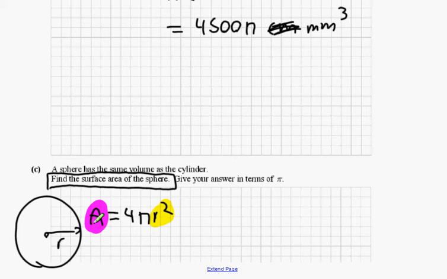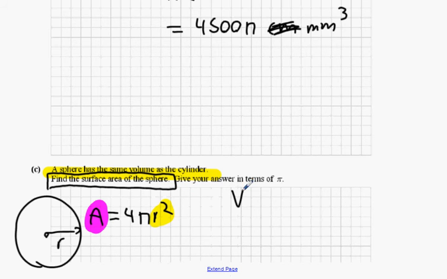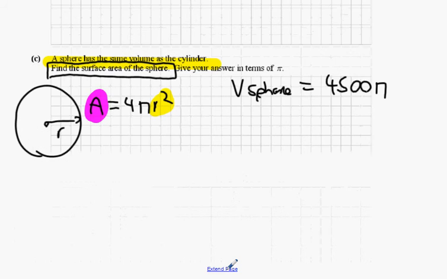Okay? We go back to the start of the question. The information is the sphere has the same volume as the cylinder. So what you write down is volume of a sphere equals 4,500 pi. What's the volume of a sphere?